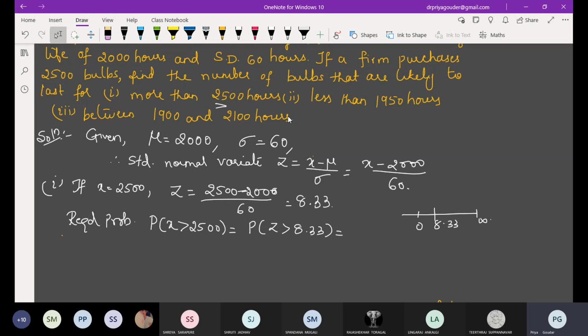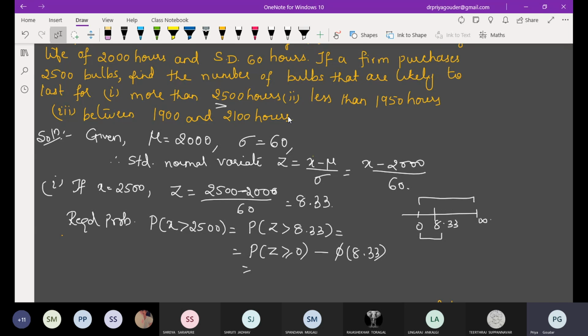So always write the value with reference to 0. That will be better. Take it as 0 to infinity. Then which interval is extra? 0 to 8.33. So 0 to infinity means the probability of z greater than or equal to 0, minus 0 to 8.33, which is phi of 8.33. This is far better. Don't make it longer.